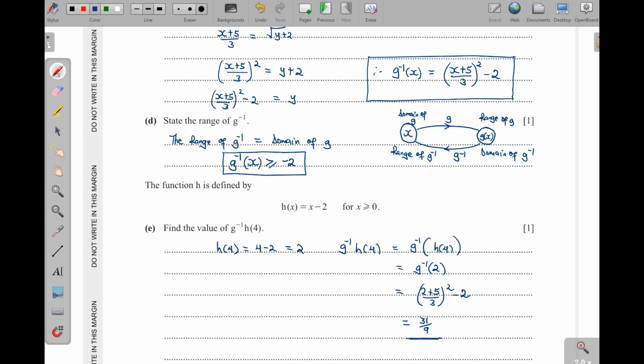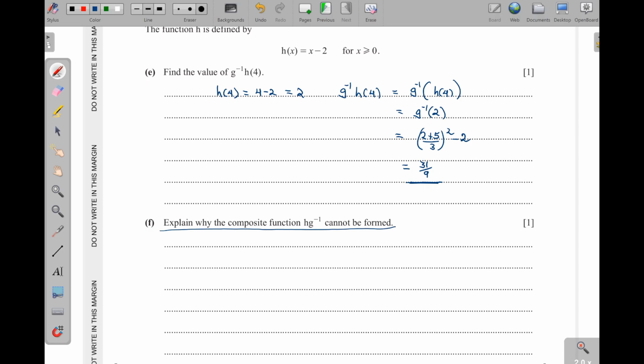Simple as that. Part F, explain why the composite function h g inverse cannot be formed. Now, here, let me also take you through this. We are going to have x here, okay? And then g inverse goes through it. And then here we are going to get g inverse of x.